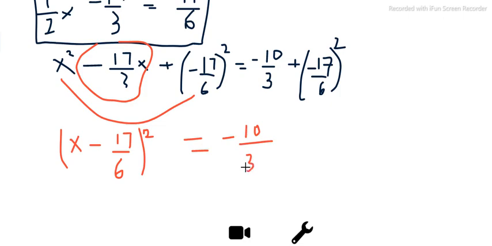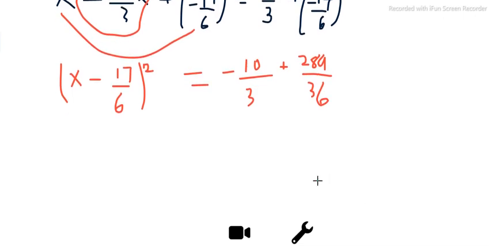But on this side you are simplifying, not cancelling anything. So minus 17 squared means minus 17 times minus 17. Minus times minus will give us plus. Are you with me? 17 times 17 will give us 289, over 6 squared, which is 36. So we take our LCM here for the fraction.